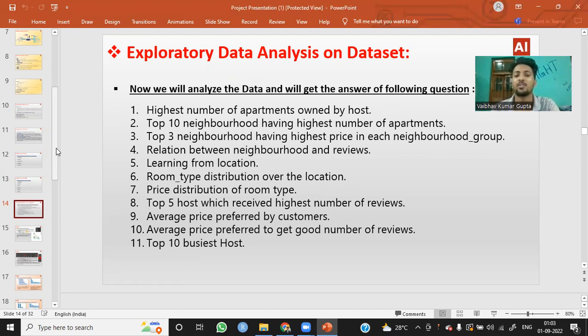Sixth is room type distribution over the location. Seventh is price distribution of room type. Eighth is the top 5 hosts which received the highest number of reviews. Ninth is the average price preferred by customers. Tenth is the average price preferred to get a good number of reviews. Eleventh is the top 10 busiest hosts.